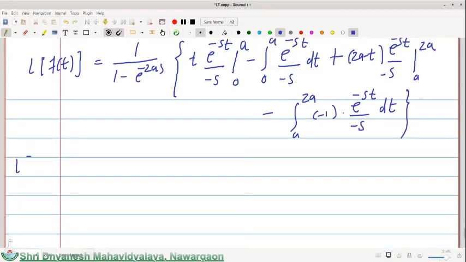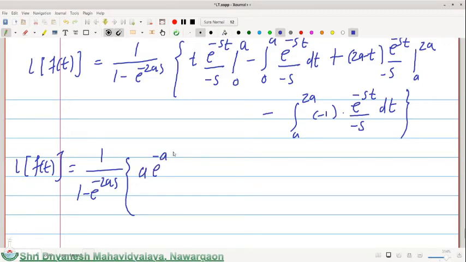So the next step, Laplace transform of f of t equals 1 upon 1 minus e to the power minus 2as. See, at upper limit this will be e to the power minus as upon minus s, and at lower limit, because of this t, the term will be 0, so we are not going to write that.